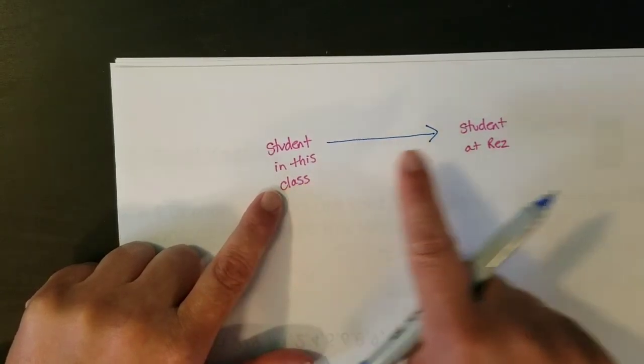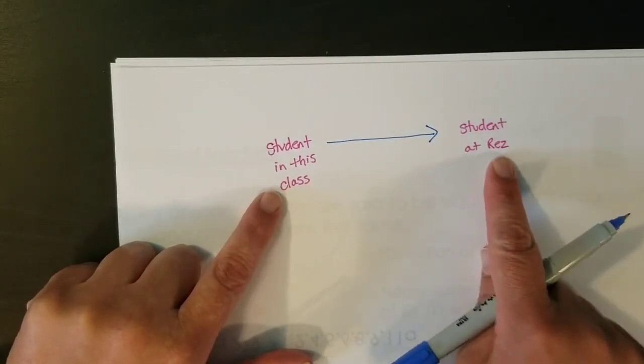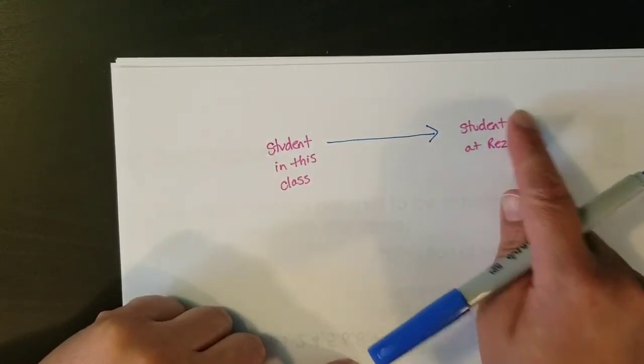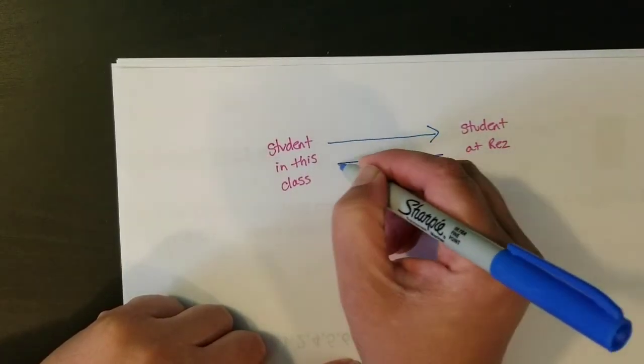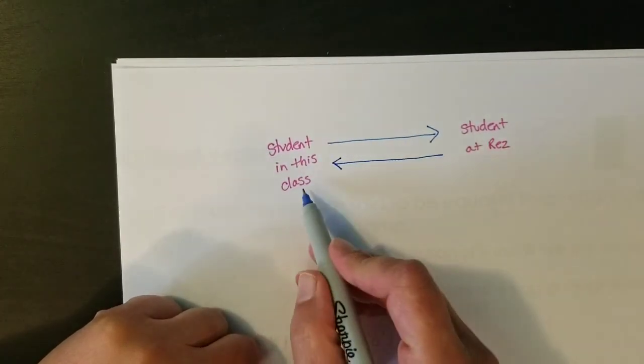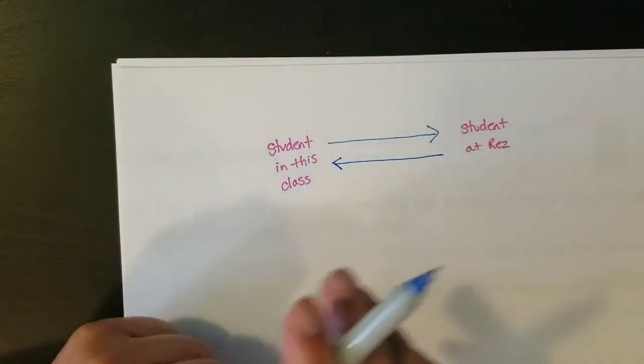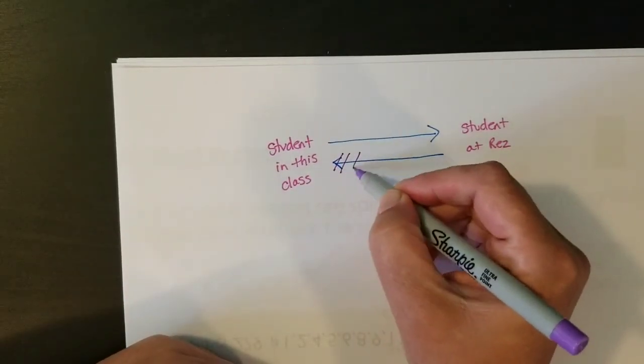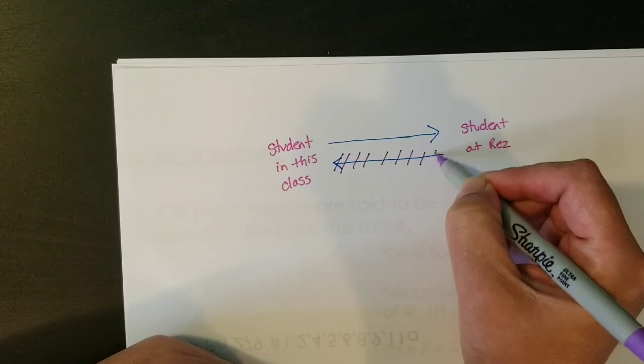If you are a student in this class, you are a student at Resurrection. Does the opposite direction also hold true? If you're a student at Resurrection, are you also a student in this class? Absolutely not. There are lots of kids at this school who are not in this course. So that is not true.